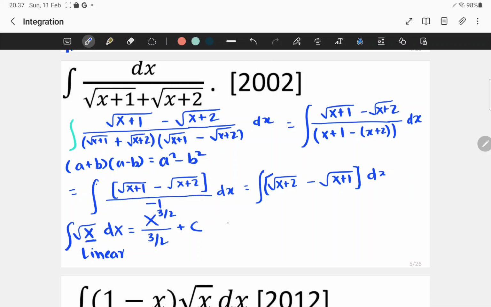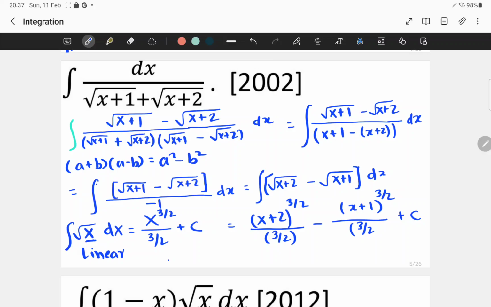So we can turn this into x plus 2 power 3 by 2 over 3 by 2 minus. And since there is no coefficient to x, we don't have to do anything.